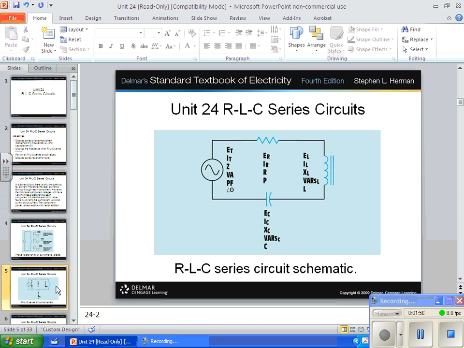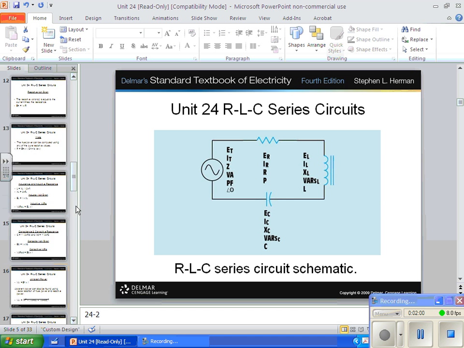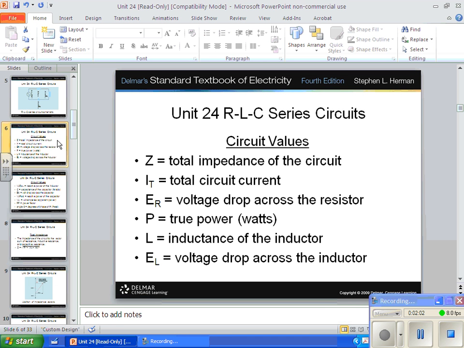So we're going to look at this RLC series circuit. And we already know that Z stands for impedance. I sub T is total current. E sub R is the voltage drop across the resistor. P is true power, measured in watts. L is the inductance of the inductor. E sub L is the voltage drop across the inductor.